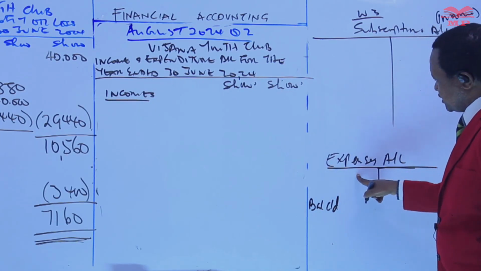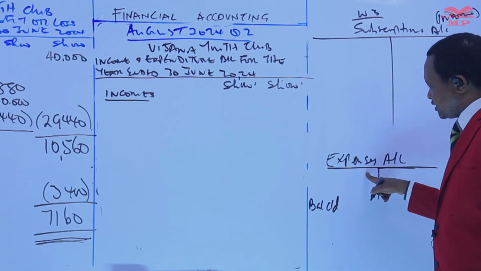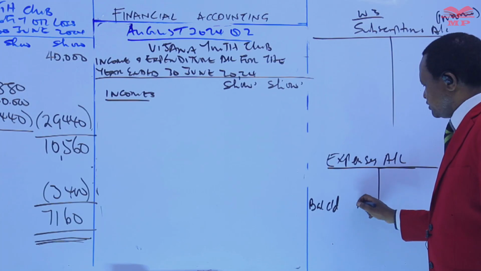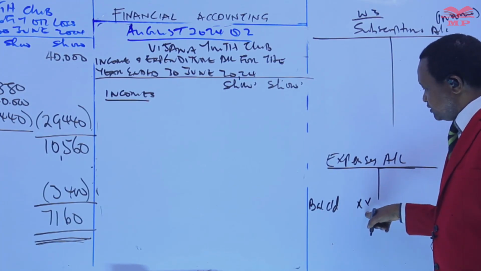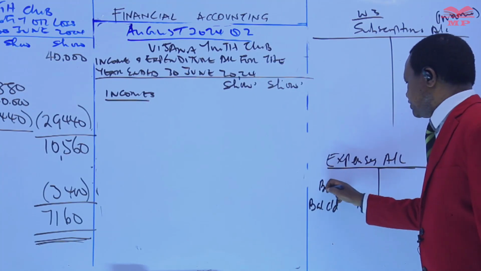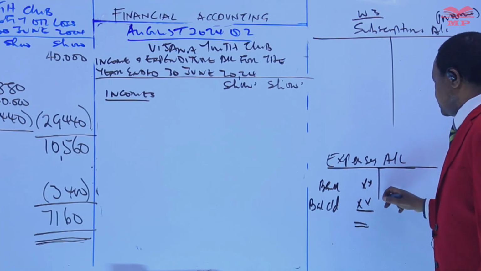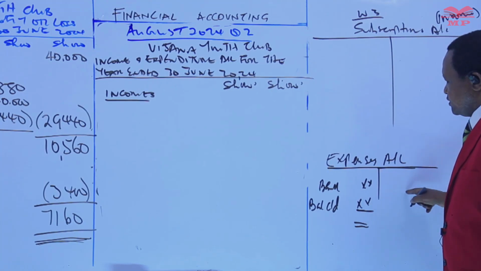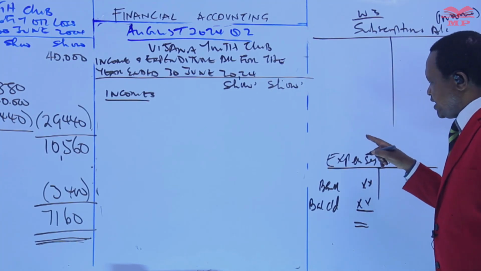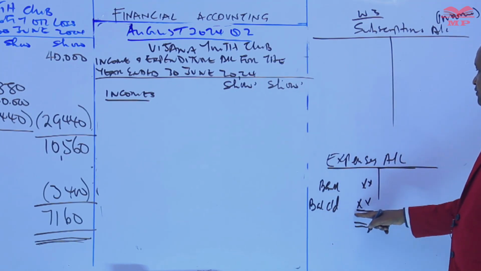For an expense account, balance on this account at the end, we always debit here so that we add to what was paid. Then the balancing figure we take to the income and expenditure account or profit and loss account. So if expenses account accrued at the end, we debit at the end.